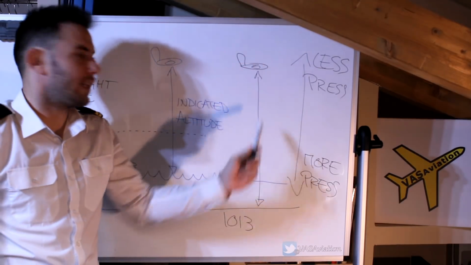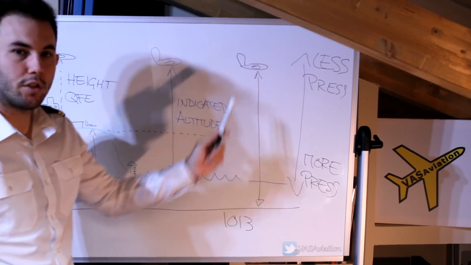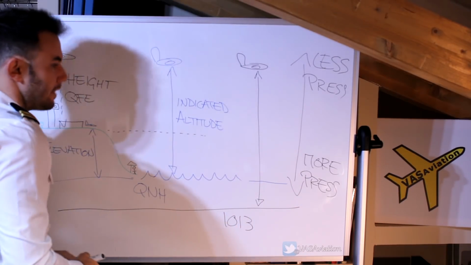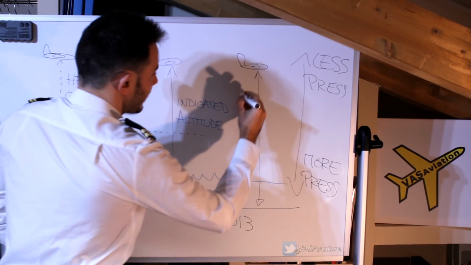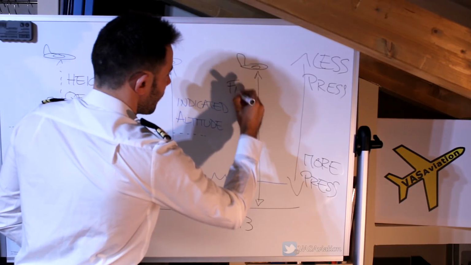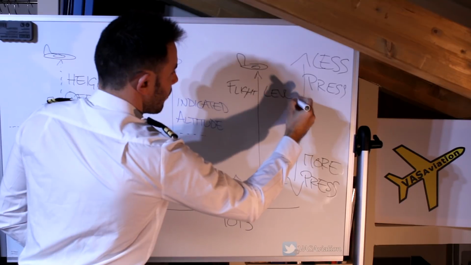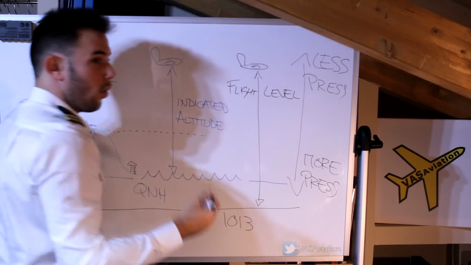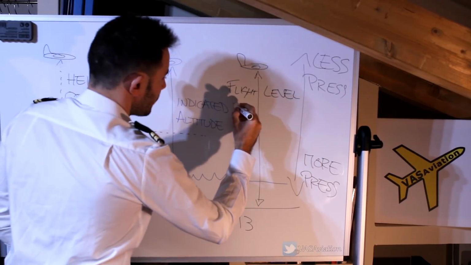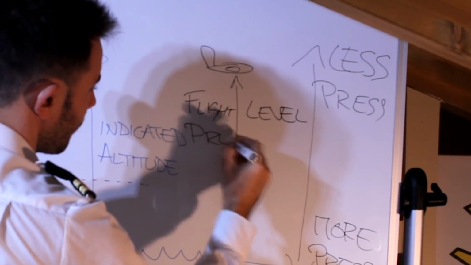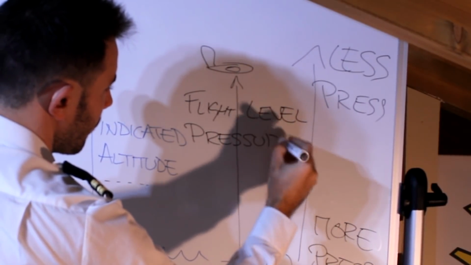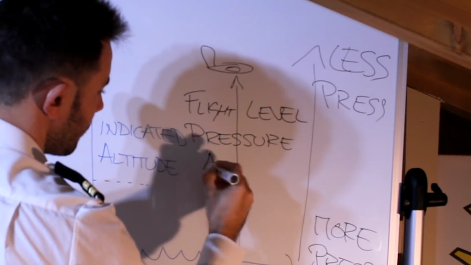Now this distance right here from our aircraft to the 1013 datum is called flight level, or also called pressure altitude.